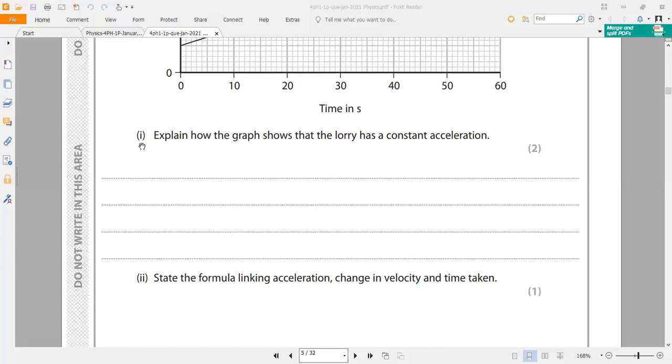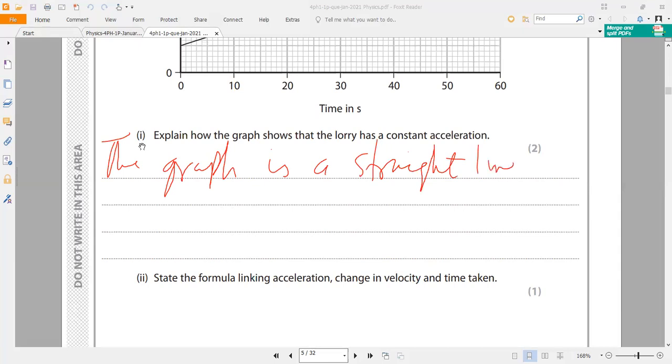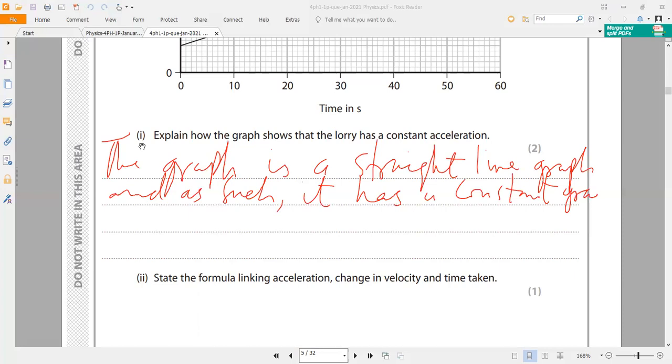Now the graph is a straight line graph, and as such, it has a constant gradient.